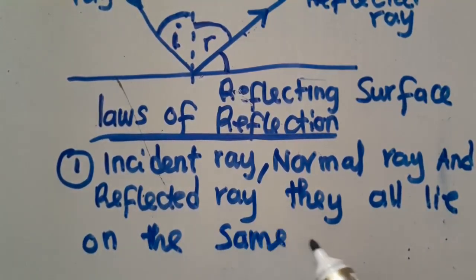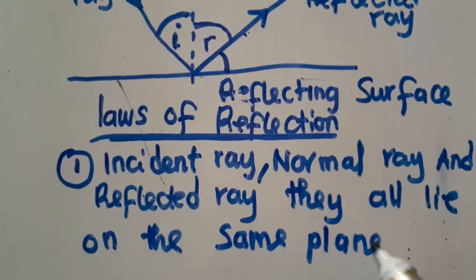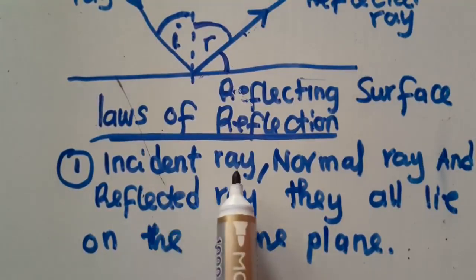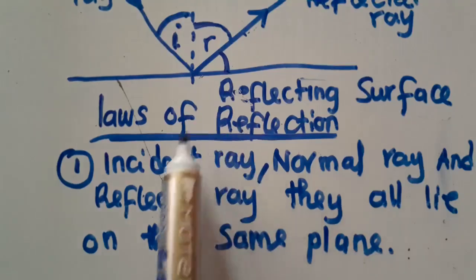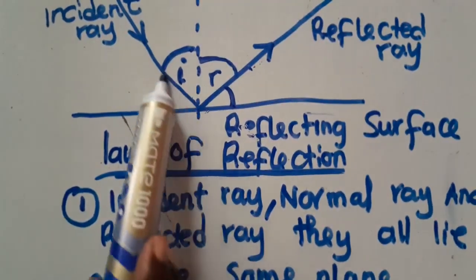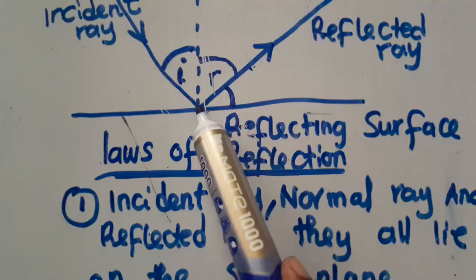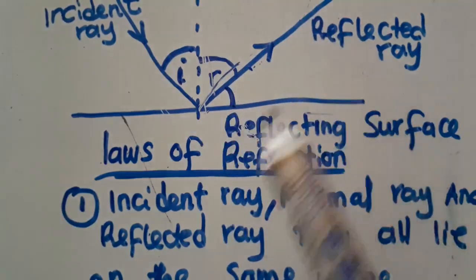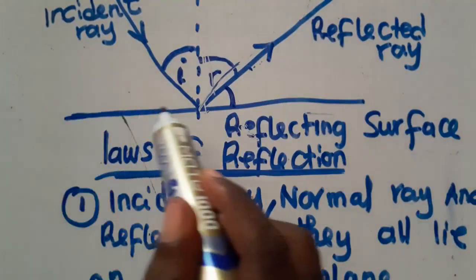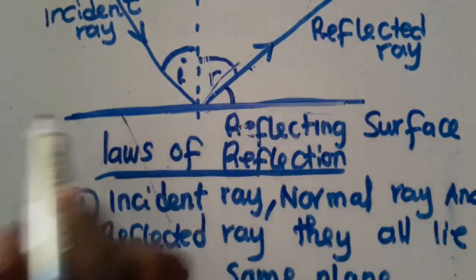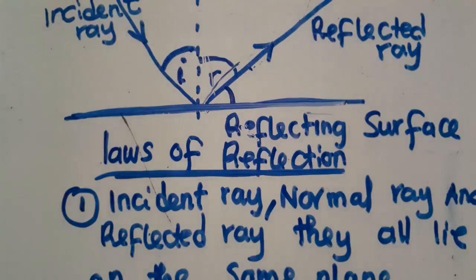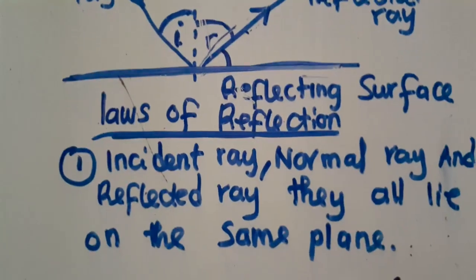This is the first law. The incident ray, the normal ray, and this one here, the refracted ray, are all lying on the same plane, which we are calling the refracting surface. So they all lie on that plane. This is the first one that you need to know and understand.